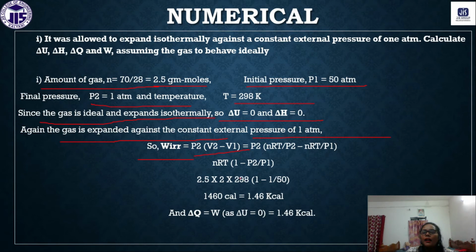If we put the values here, that will give you 1.46 kilocalorie. And delta Q equals W, as delta E equals 0. That's why 1.46 kilocalorie will be the work done as well as the heat. This is the type of question you generally have from this chapter.